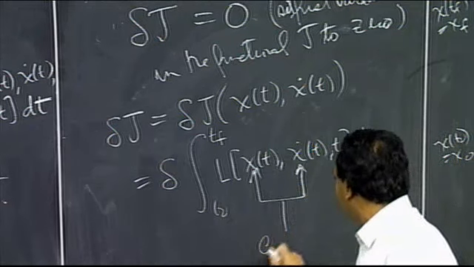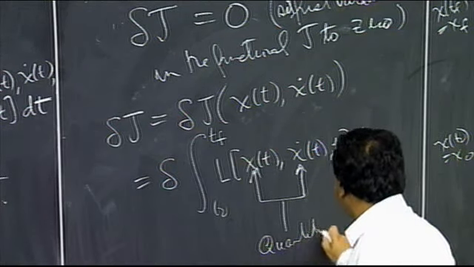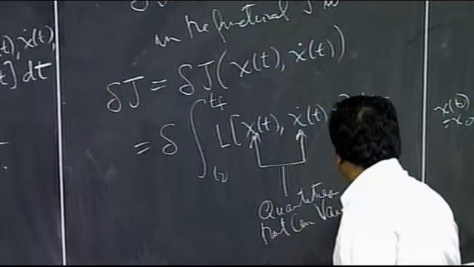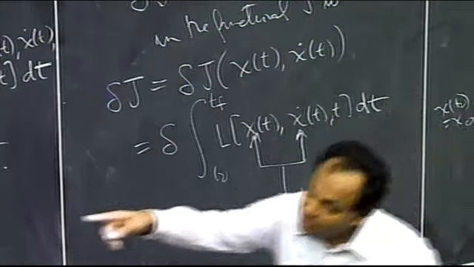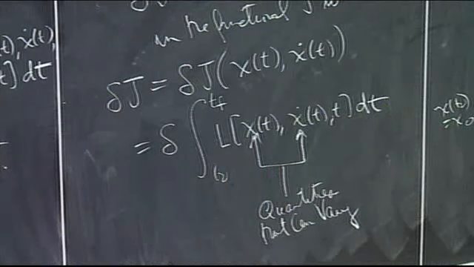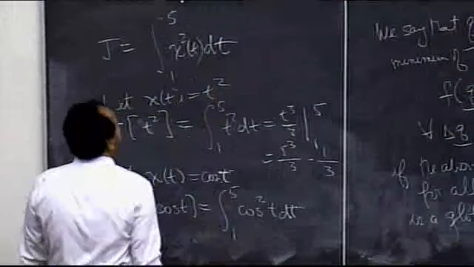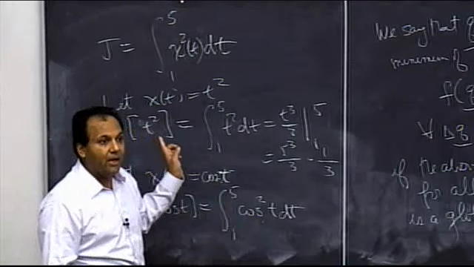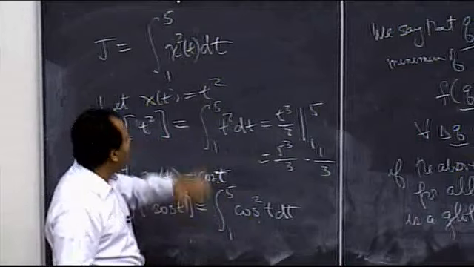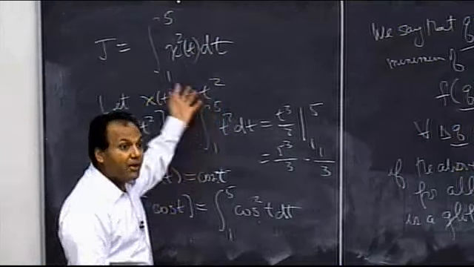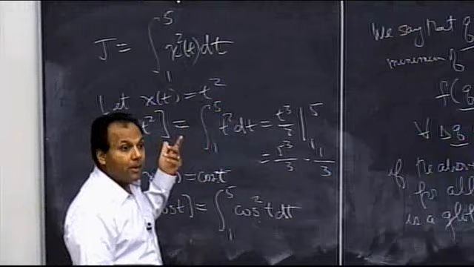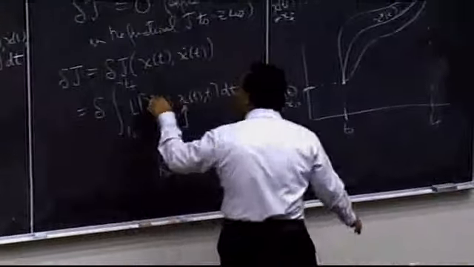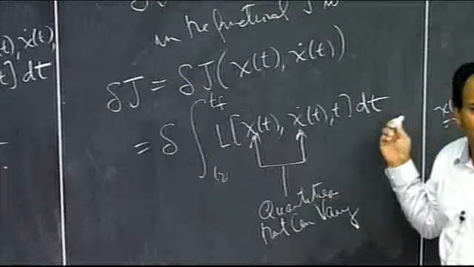These are the quantities that can vary. If I change these quantities, I change the value of this functional, just like I did over there. I gave you a concrete example, right? I said the functional is x squared of t dt. If I plug in t squared, I get one value. If I plug in cosine of t, I get a different value, right? In both cases, I'm plugging in an entire function and getting back a number, right? I want to know in this case, what is that particular function, x of t, that makes this thing as small as possible?